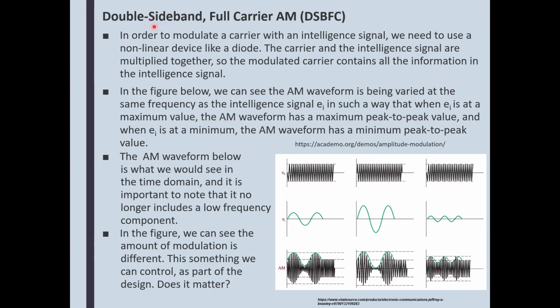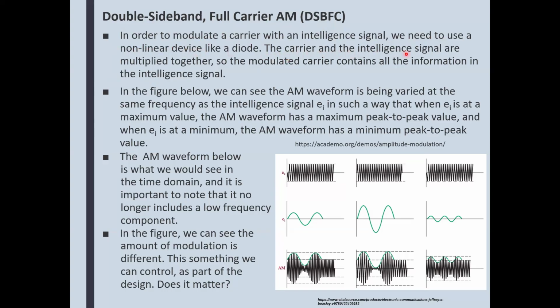Double sideband, double with sugar. Double sideband full carrier AM. Full carrier. In order to modulate the carrier with the intelligence signal, we need to use a nonlinear device. We already established that, sort of.